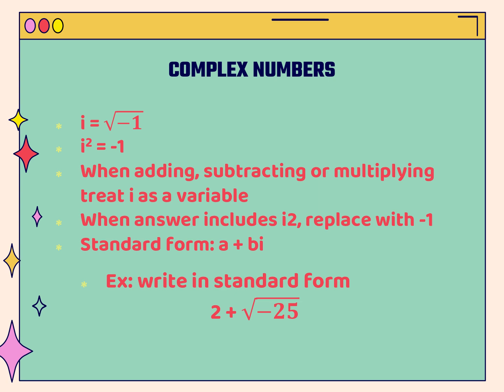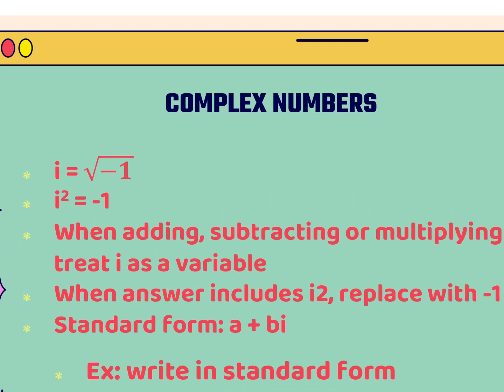Now, up until now, we've only really dealt with real numbers. So if we see something like the square root of negative 16, up until now you've been taught to answer this as no solution.